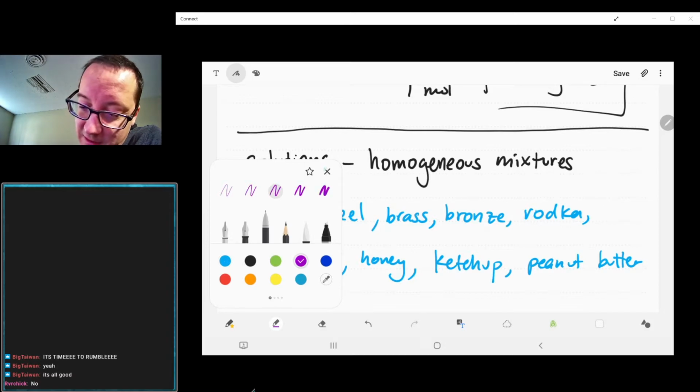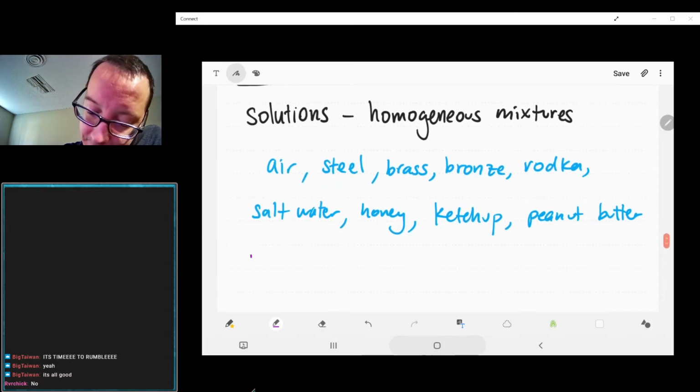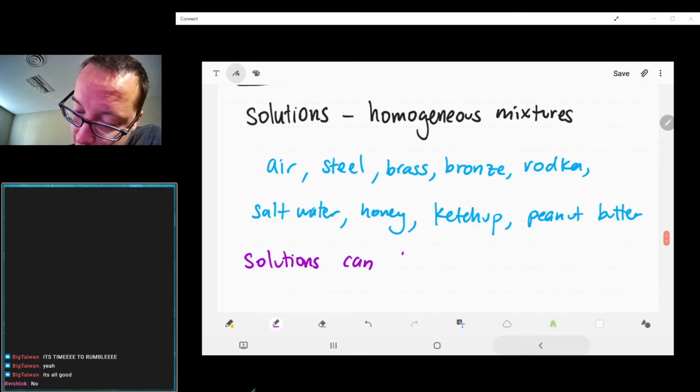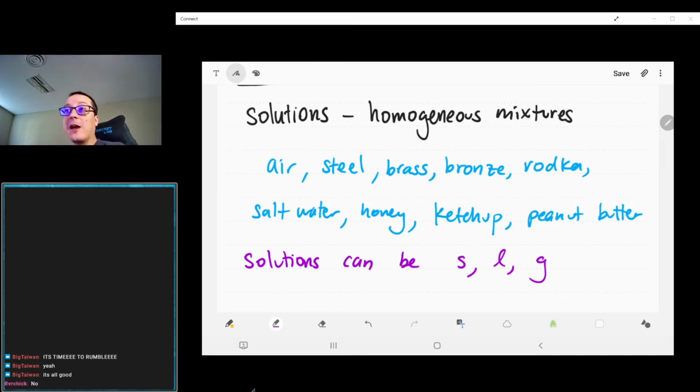So note, for example, they can be solids, liquids, or gases. So air, of course, being a gas. Something like steel would be a solid. And something like honey would be a liquid, right? So we can see that solutions can be any state of matter, although we typically think of solutions as being liquids, right?